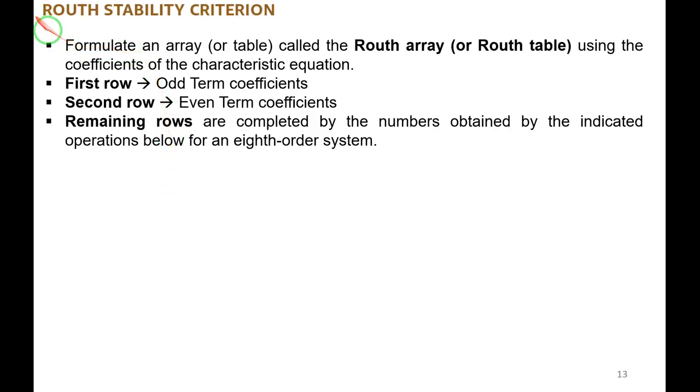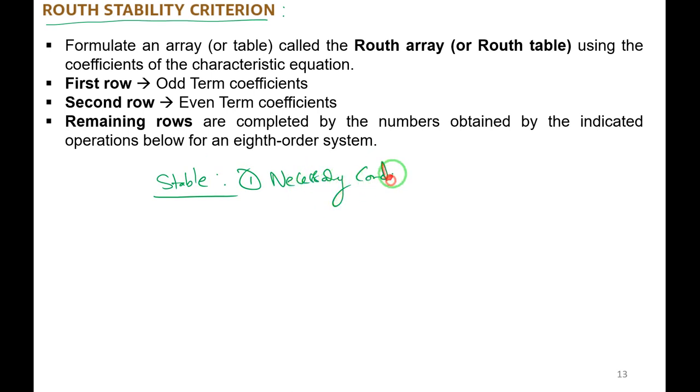Okay, next we'll study the Routh stability criteria. If I want to say the system is stable, first it has to satisfy the necessary condition, and second, it has to satisfy the sufficient condition.